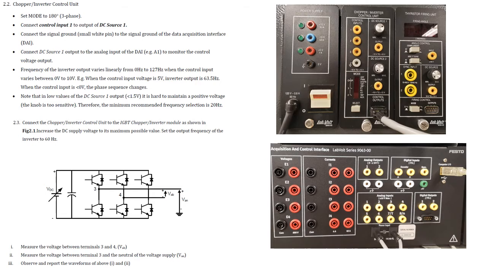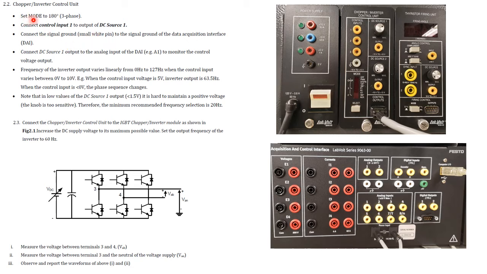In this section, to have a better view, I just showed the inverter control unit and data acquisition and control interface. You can see the whole setup in the previous part of the video, but this part is specifically for this section.